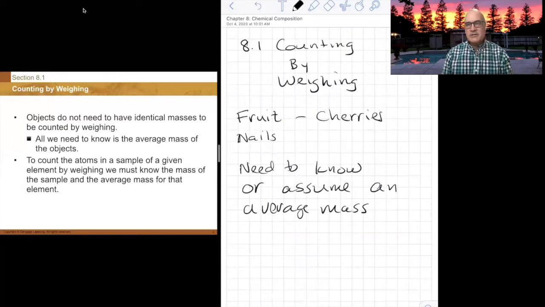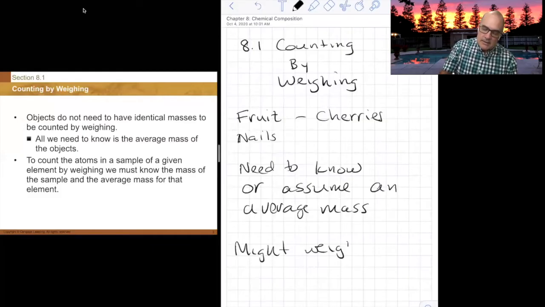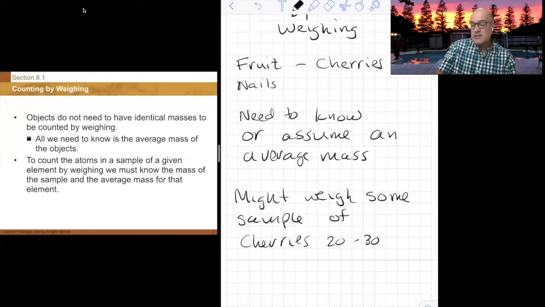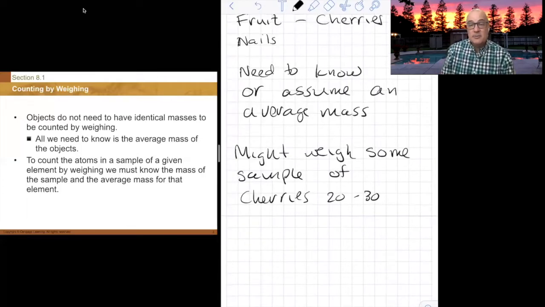And of course, every cherry is not the same, but we're going to assume an average mass. So we might weigh some sample of cherries, say 20 to 30 cherries, right? This is a small enough number that we could count them out and put them on our scale.